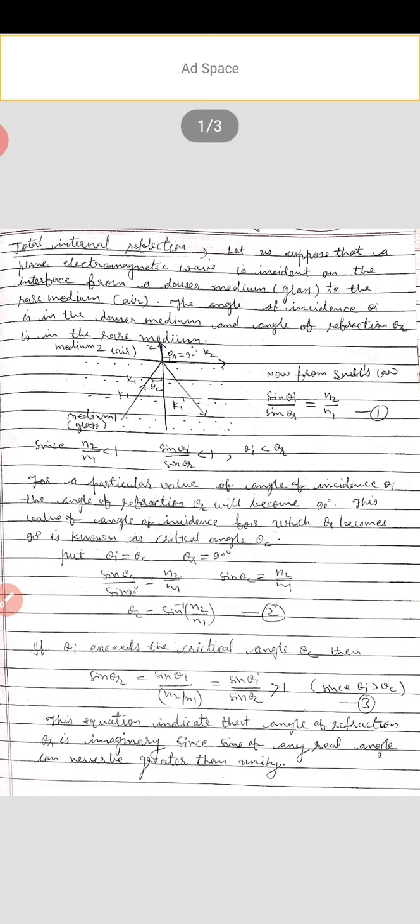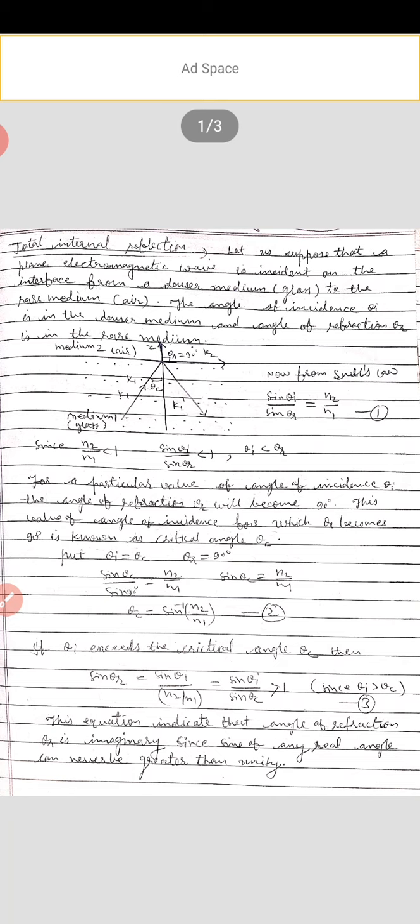If we apply Snell's law for that pair of media, we get sine theta I divided by sine theta R is equal to n2 by n1. This is the standard form of Snell's law.